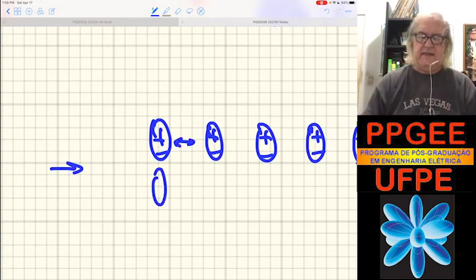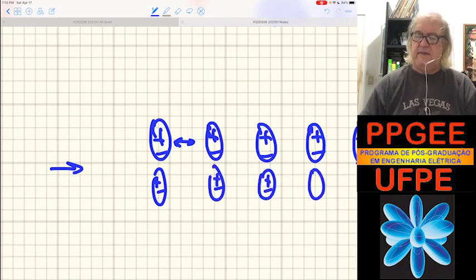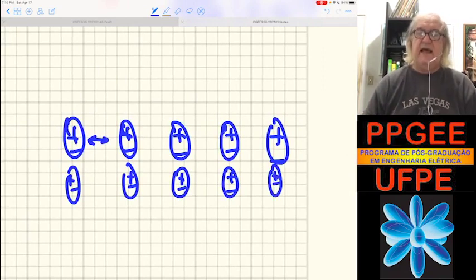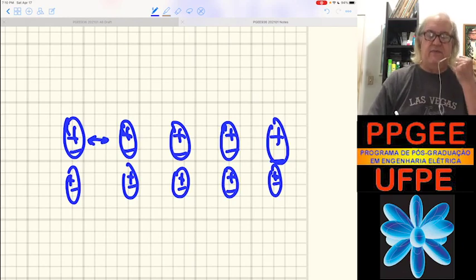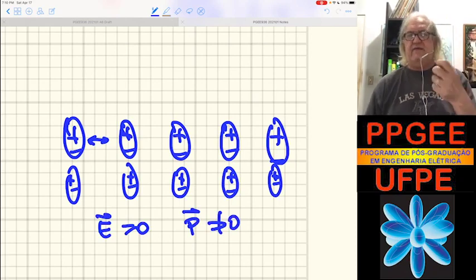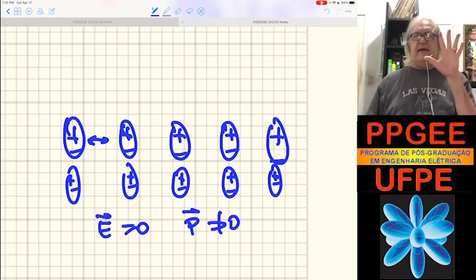So you create a state of permanent polarization. Certain materials, ferroelectric materials, have this property. So after we remove the field, you have E equals 0 and P different than 0. Okay? Even if you remove the field, the polarization remains.